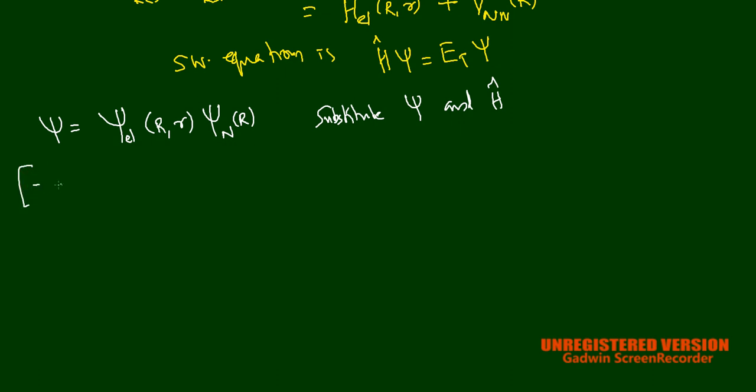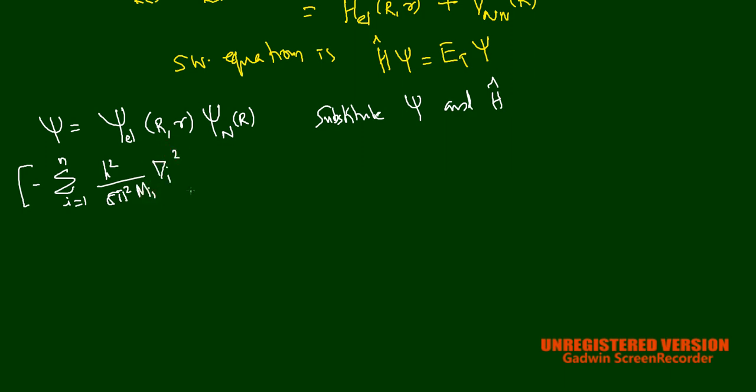minus sigma i is equal to 1 to n, that is where we are writing the kinetic energy part for the nucleus, h square divided by 8 pi square capital Mi, del i square.